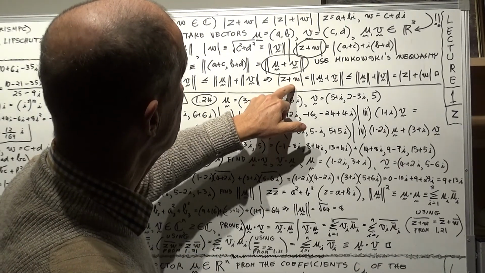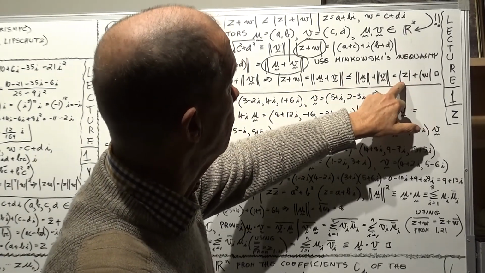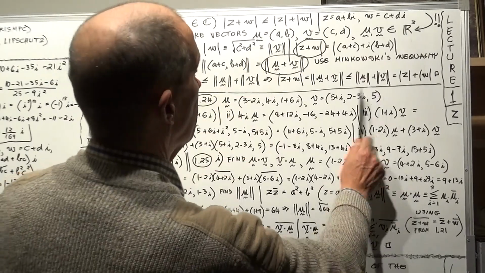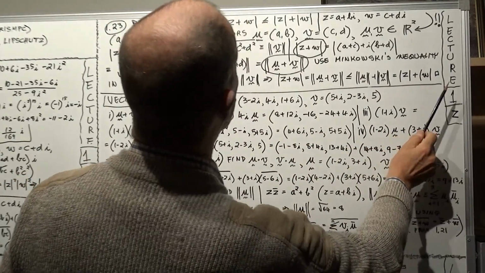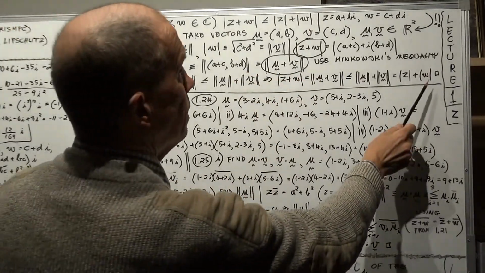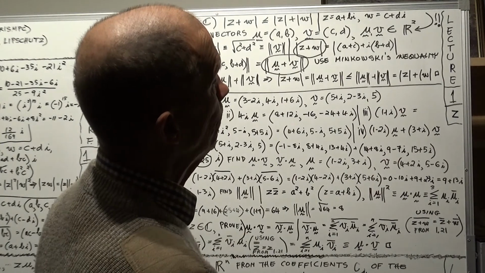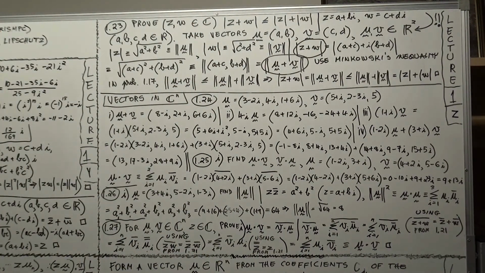The mod of z plus w is less or equal to the sum of the mods. So this is less or equal to that, which is what we needed to prove. So we've done it. End of proof sign. Right.